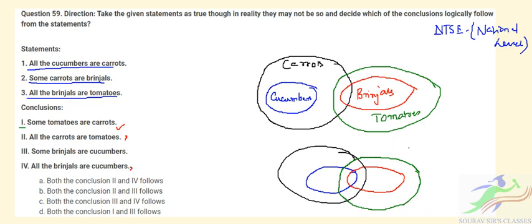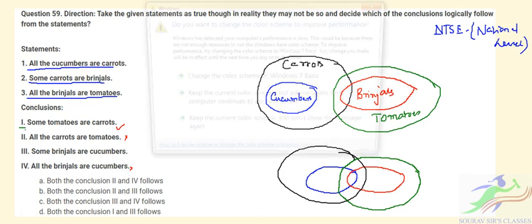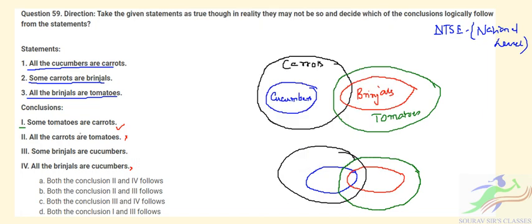Out of this we can see that both conclusions 1 and 3 follow, if we go with option D. In that case, the most appropriate conclusion is only statement 1: some tomatoes are carrots.